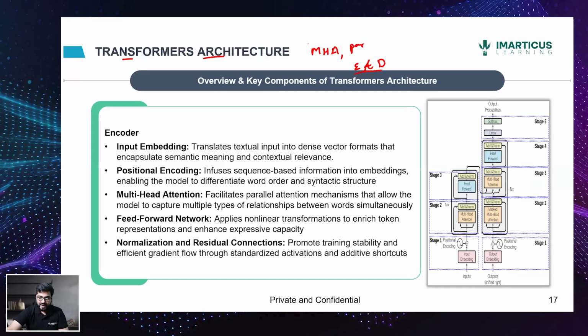When we look at this diagram here on the right hand side, we can see that we have a left hand side stage and we have a right hand side stage. This entire left hand side stage that we have here is the encoder. This entire right hand side that we have here is the decoder. So one by one, we are going to understand the encoder and the decoder.